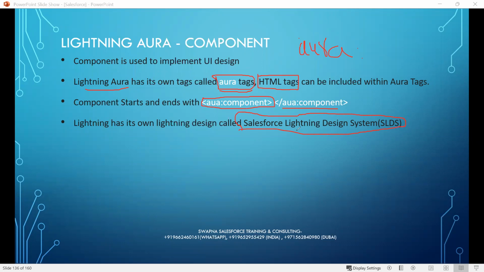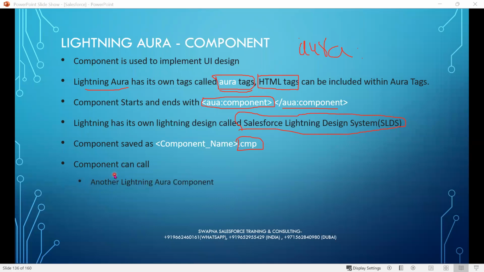Basically, it is the look and feel that will be implemented using SLDS, but more detail on SLDS we will see in our live sessions. Now the component, as I explained, is saved with the extension .cmp. The component is always saved with .cmp.